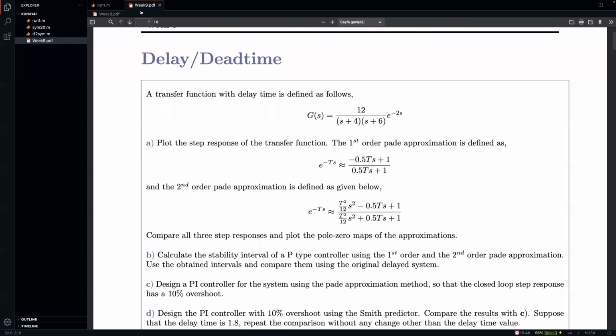It is almost something like the Taylor series, but it is a bit more special and a bit different than that. Namely, it is called the Padé approximation. And what it does is it approximates this e to the power of minus 2s with a transfer function, which is exactly what we're looking for.